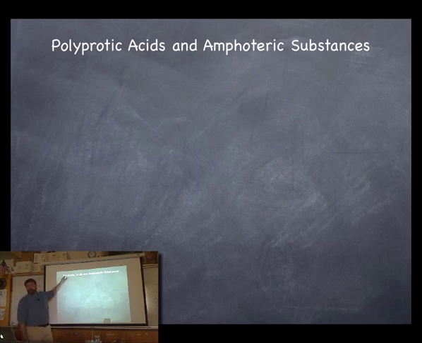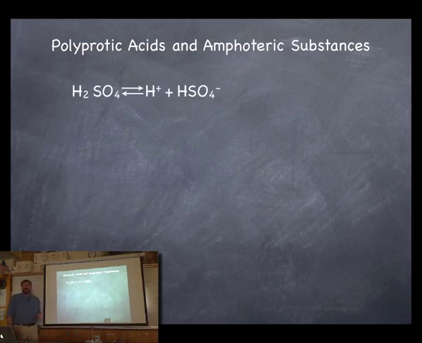Poly means many, more than one. Protic, protons, more than one proton. So, sulfuric acid, H2SO4, will produce hydrogen ions, and then it'll have some Ka value. This Ka value may very well be very large. Okay?